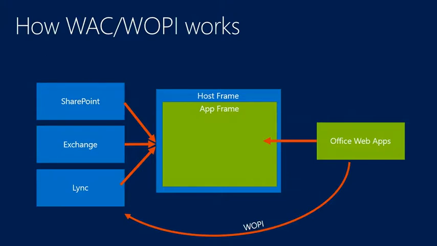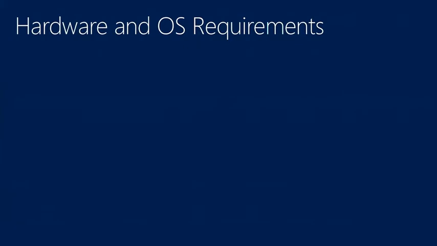So let's go back to the actual Office Web App Server and the hardware and OS requirements for that one. Hardware, think of it basically as the same hardware as you use for SharePoint 2013. As the standard 2013 environment, of course, the more users you have, you might need more memory, more disk, etc. So you can either scale it up or scale it out.